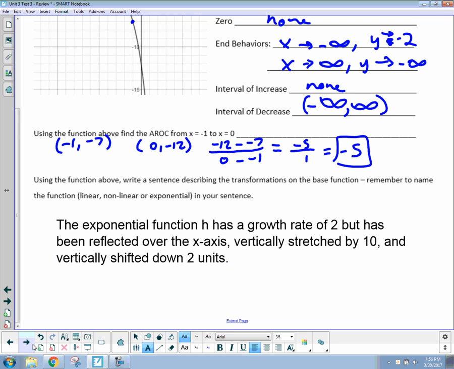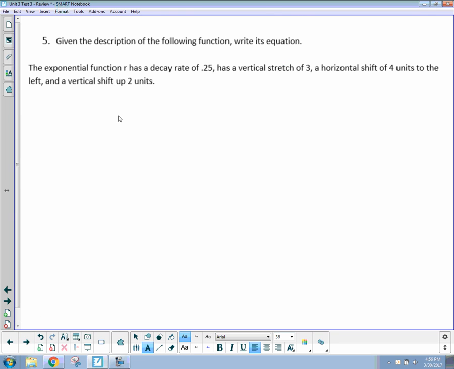We're doing great. Let's keep going. Number 5. Given the description of the following function, write its equation. The exponential function r has a decay rate of 0.25, has a vertical stretch of 3, a horizontal shift of 4 units to the left, and a vertical shift 2 units up.